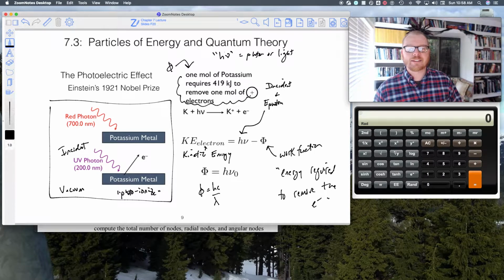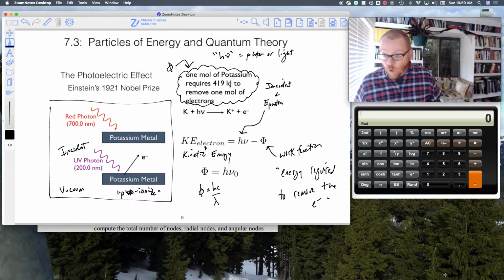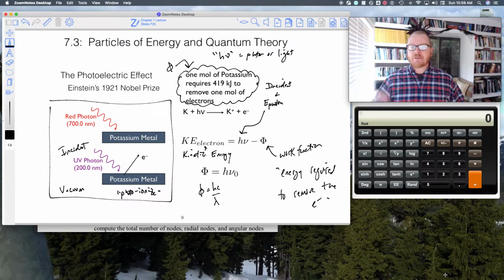So for potassium, 1 mole of potassium requires 419 kilojoules of energy to remove 1 mole of electrons. So here's what we have to remember. This is where this is going to be the hardest for our calculations. All of these h nu or hc over lambda calculations are for one single electron, not for 1 mole of electrons.